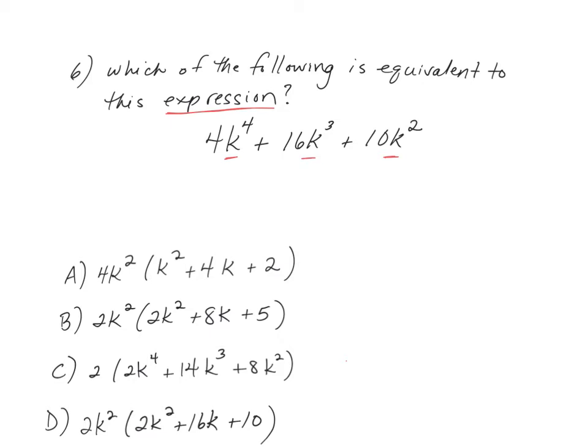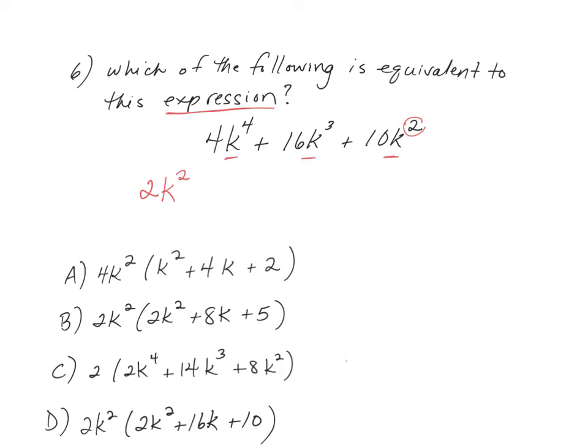So what we're going to do is factor. We're looking for a number, in this case 2, because they're all even, and they all have the variable k, and the lowest exponent is the second. So that is 2k squared is what each of these terms have in common.